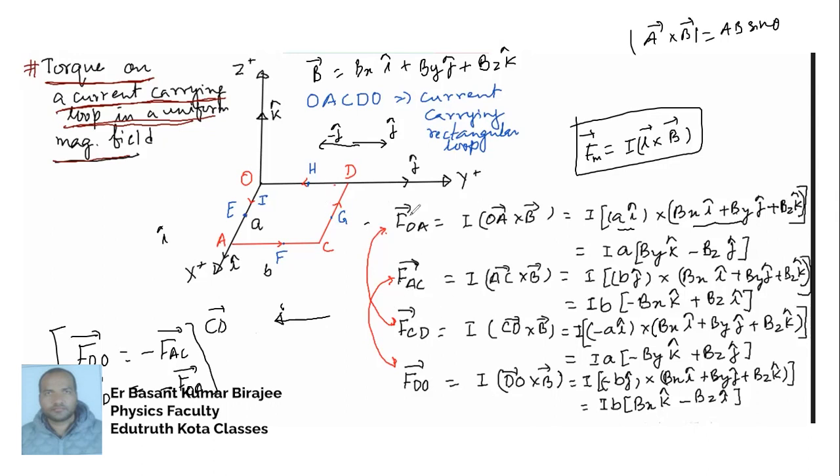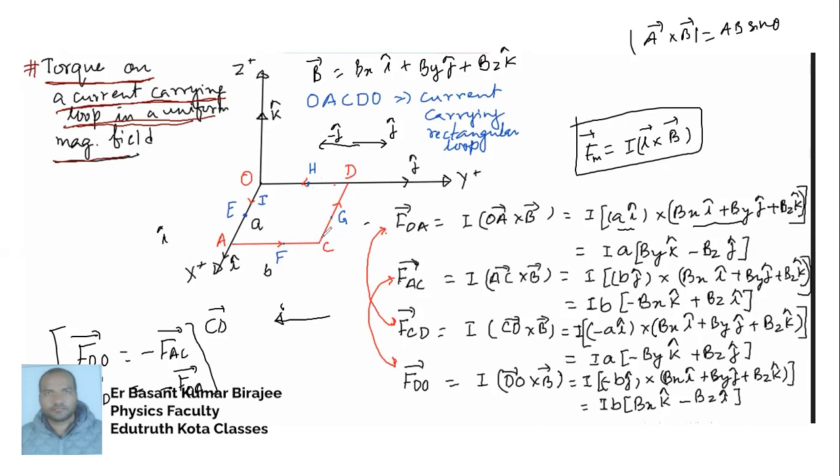We are seeing here that the force on this arm has the same value but opposite direction to that experienced by the OA arm, and the force on the DO arm has the same value but opposite direction to that of the force on the AC arm.